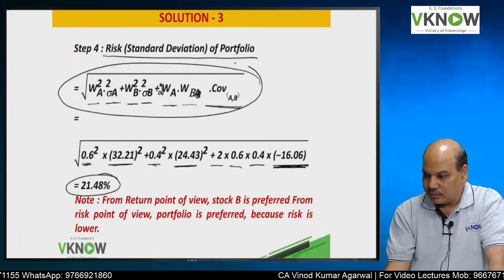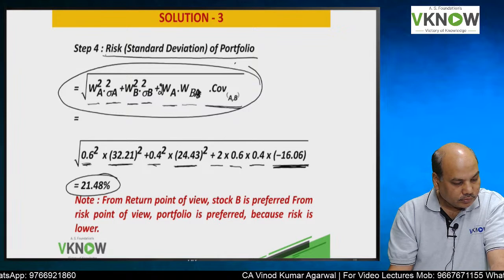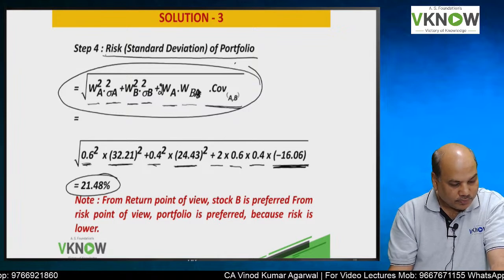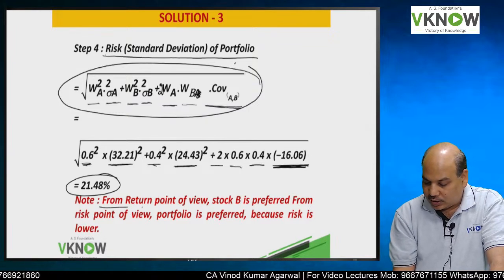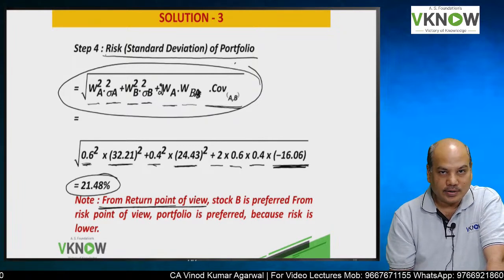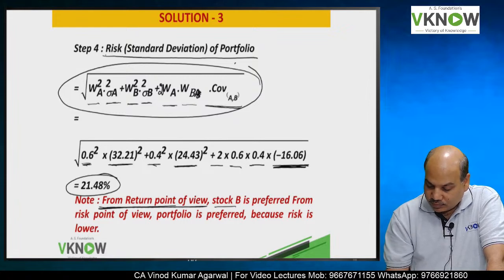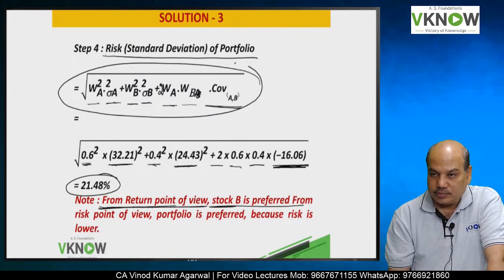Just check the answer. Question was advise which is the better option. Now the answer depends on whether you are looking at risk or whether you are looking at return. If you are looking at a higher return, stock B will be preferred.